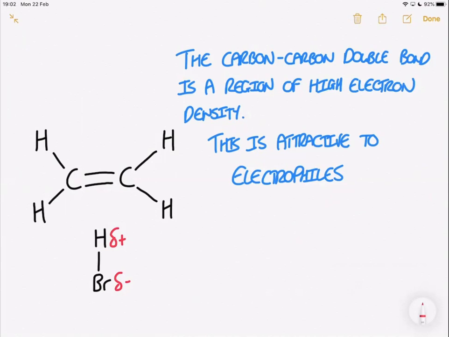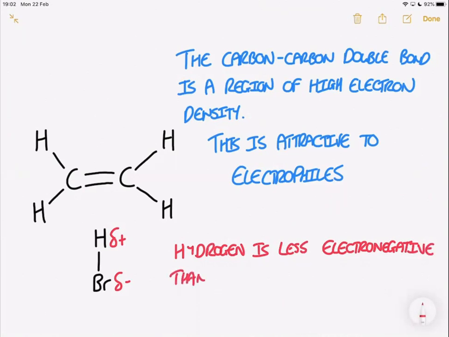So the explanation here, quite a standard thing that we need to be able to talk about. This relationship exists because hydrogen is less electronegative than bromine.